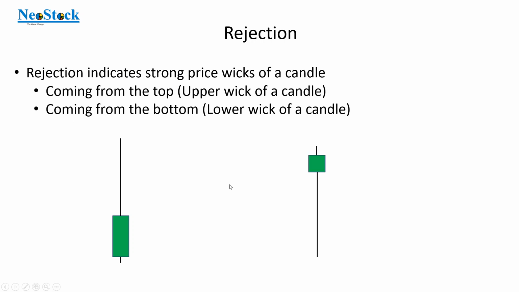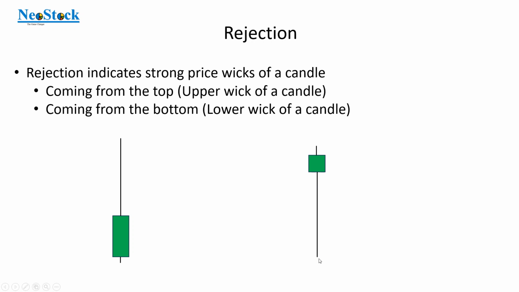See the next example. At some point prices went down up to this level. Probably when prices reached this level, you might have seen a very huge drop candle, a red candle. But after that, what happened? Prices again moved up and finally closed here.